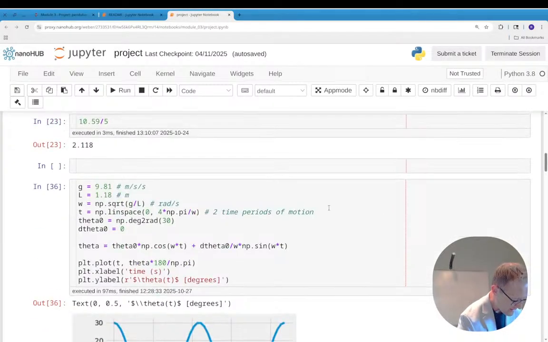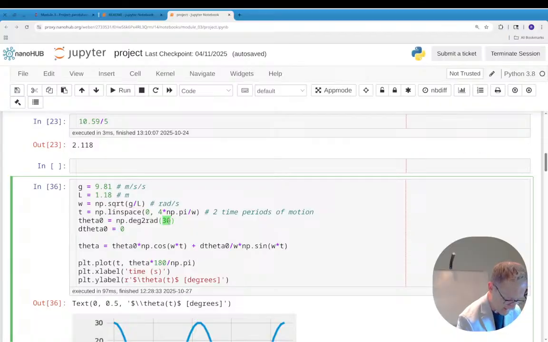All right, last example. What if our initial angle is 180 degrees? What happens? So it's upside down.